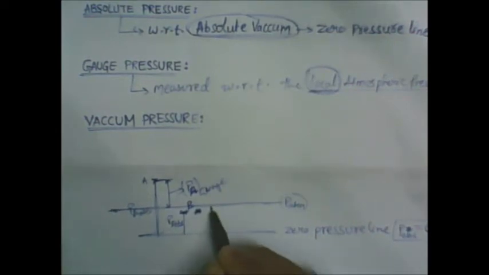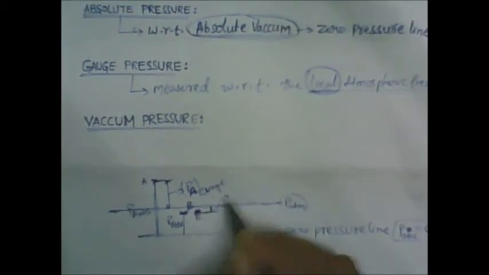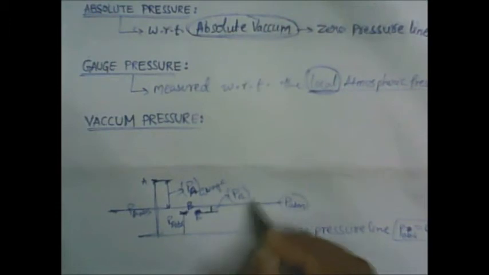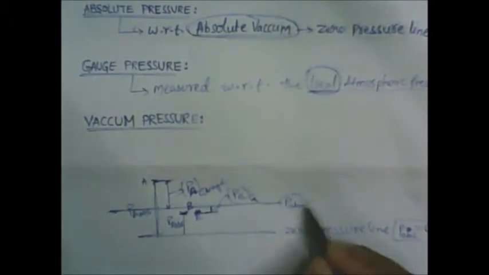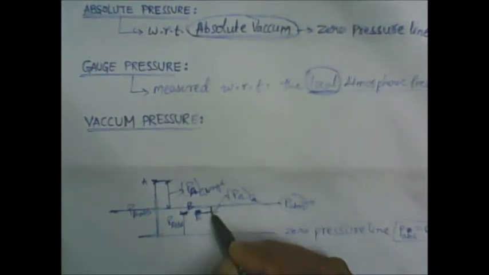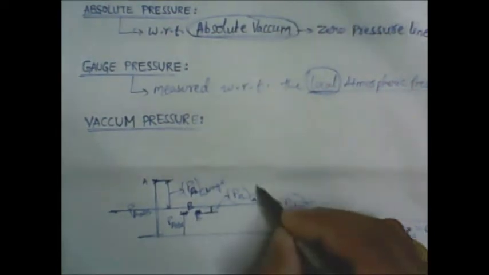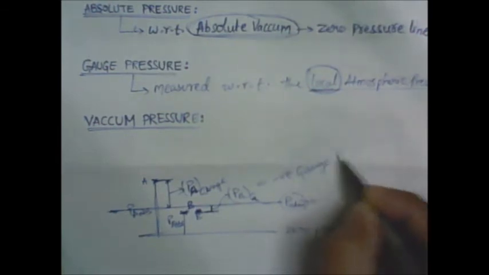But with respect to the atmospheric line, this is Pb gauge. Here, taking P atmosphere as a reference, Pb gauge is below P atmosphere, which means less than P atmosphere, which means a negative gauge pressure.